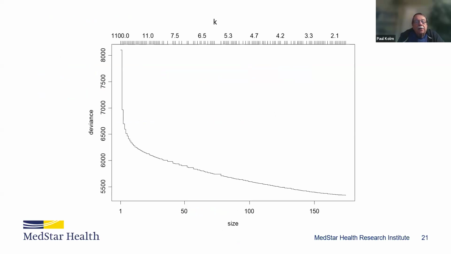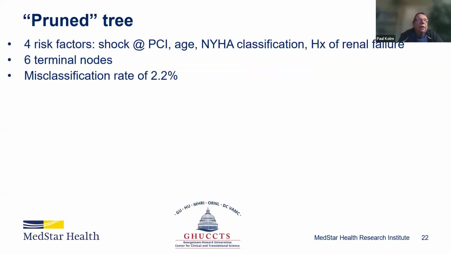And here's our cost complexity graph again. In reducing the size of the tree to make it more manageable, we come up with 4 risk factors: shock, age, the New York Heart Association classification, and history of renal failure.